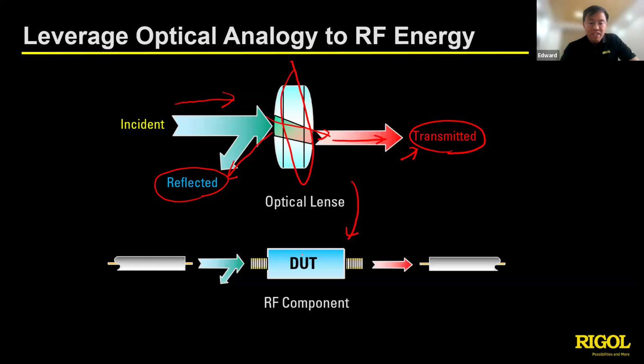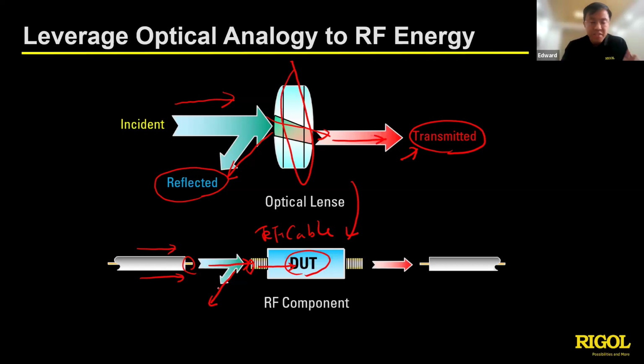For example, this device under test, like this one, is an RF microwave cable, okay? If we send a traveling wave through the transmission line and hook up this port to the left-hand side of this DUT, some of the traveling wave will be transmitted through the DUT, and some will be reflected in these directions.